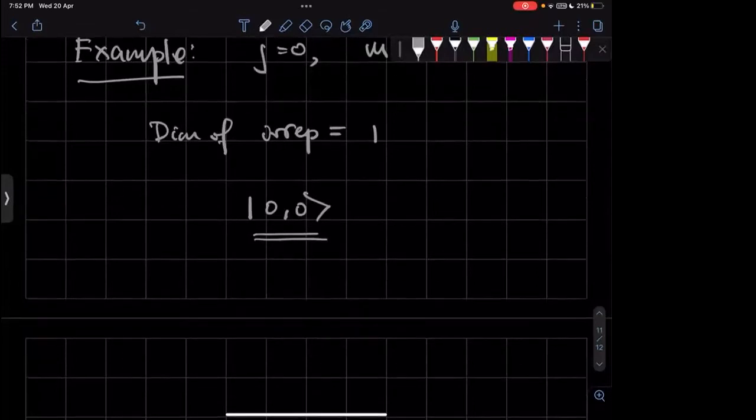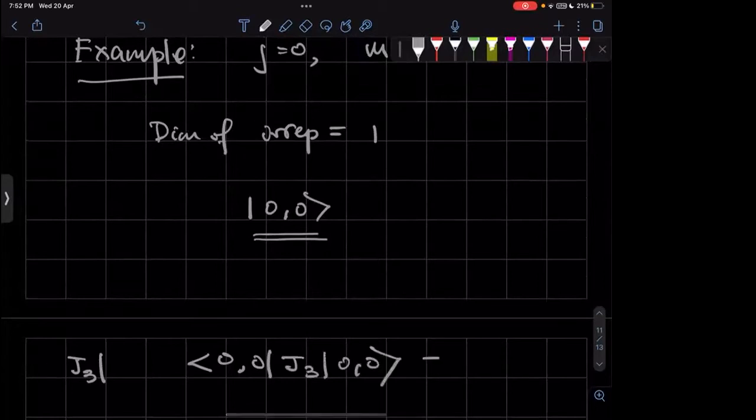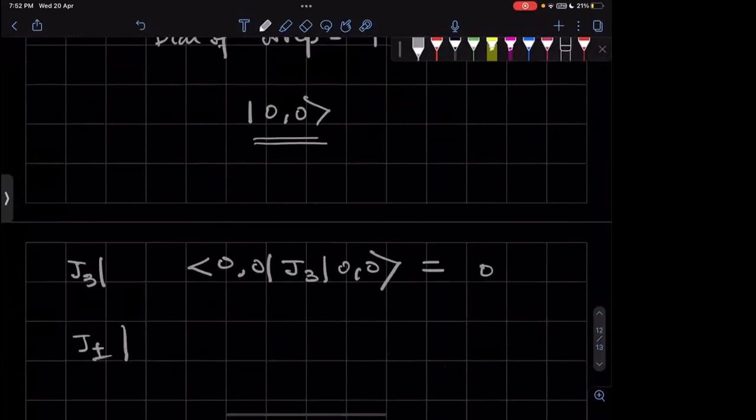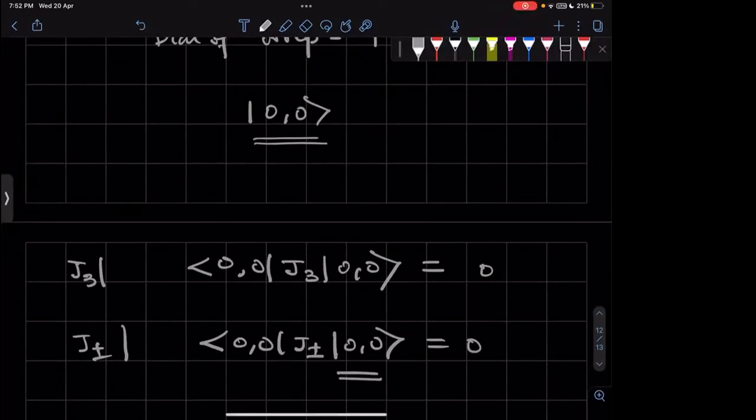Yeah. There'll be numbers. Okay, now if I want to find J3, what I have to do is sandwich it between the vector and its conjugate. This is 0, right? And what about J plus minus? Since this is the maximal weight state, this is also going to be 0.